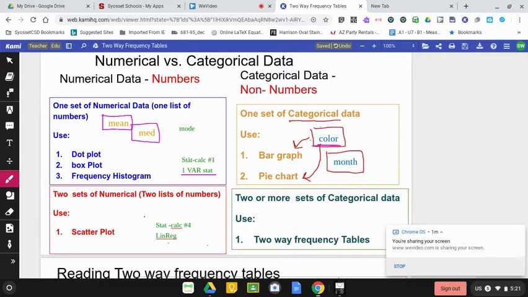In last year and this year's classes, we talked about one set of numerical data. We were able to get one list of data, and this year we learned how to type it into our calculator, into the stat edit, stat calc number 1 for one variable statistics, one list of data. One list of data, you could make a dot plot.